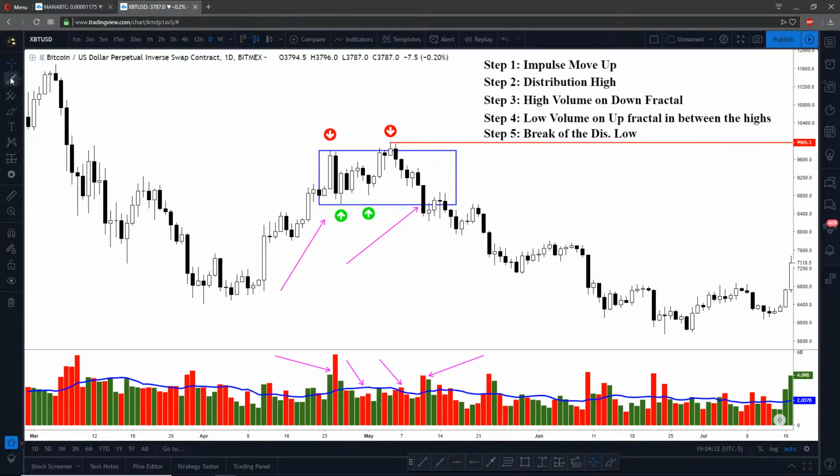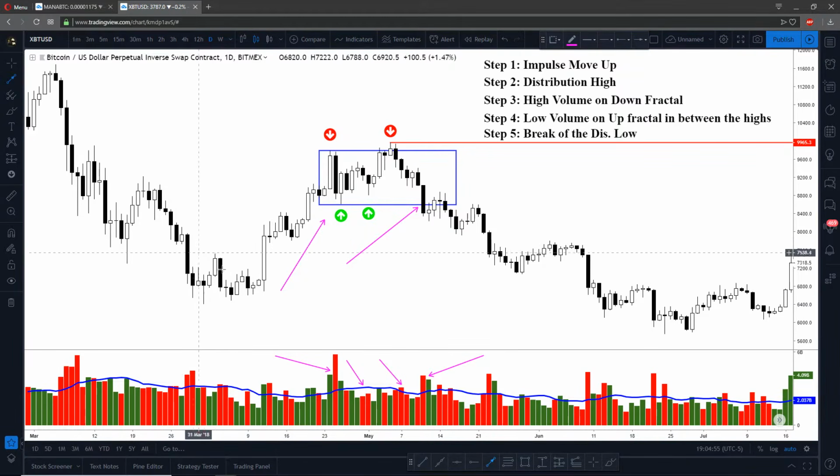So you have that impulse move up. You form that flagging pattern with that down fractal. That creates your distribution high, confirmed when you have an up fractal in between after that first down fractal.